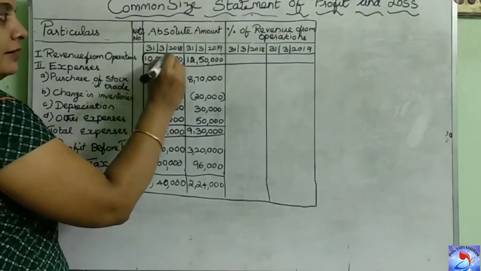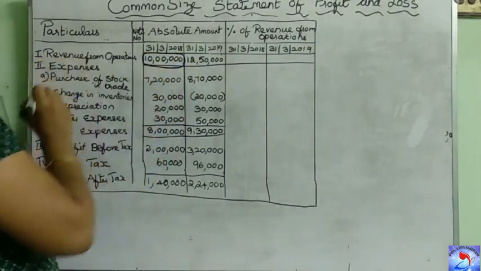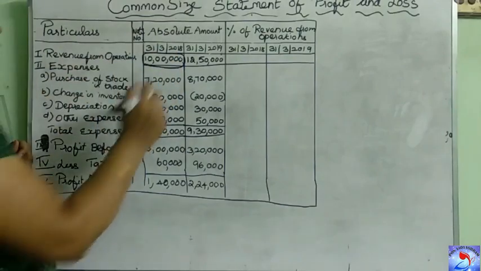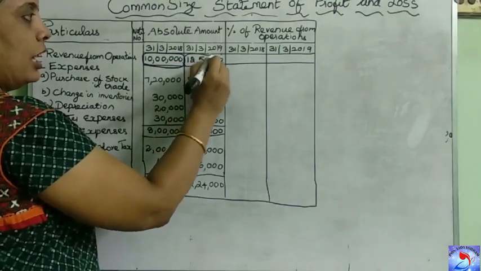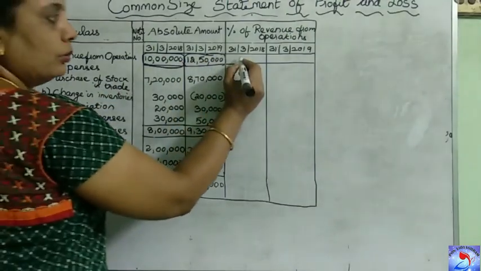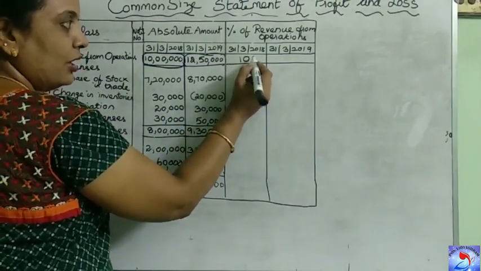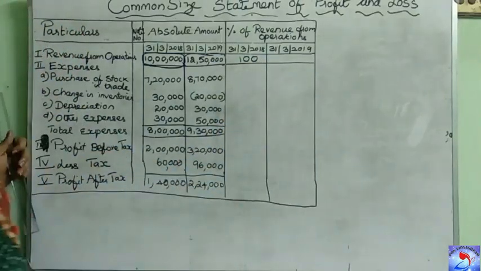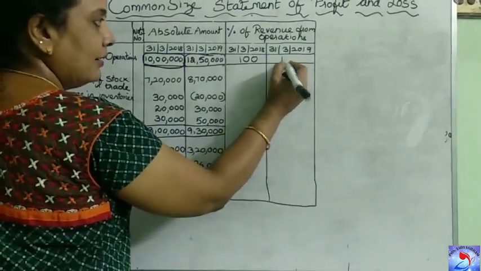So this 10 lakh will be taken as the base for 2018. For 2019, 12,50,000 will be taken as the base. When you take that as the base, you write revenue from operation as 100%.